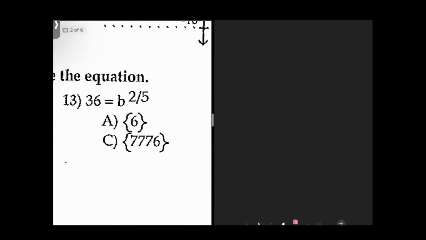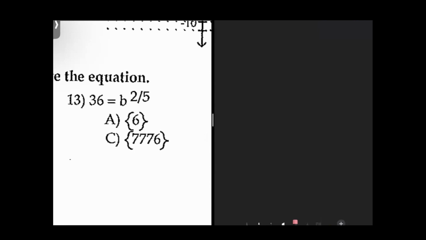Number 13, we'll solve the equation. So how can we solve this equation? What can we do? So we have 36 equals x to 2 over 5.